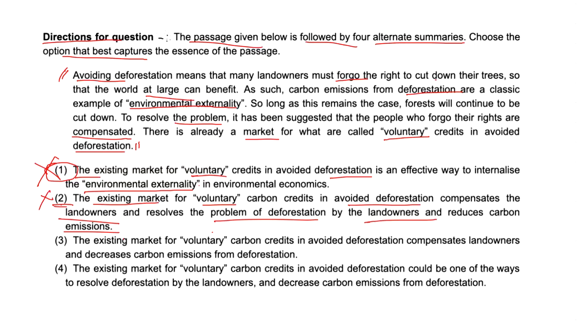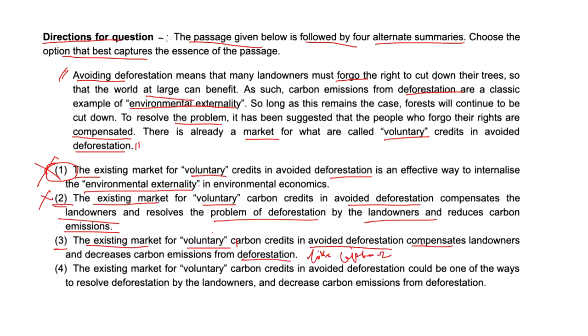Now moving to option 3, what does option 3 say? It states the existing market for voluntary carbon credits in avoided deforestation compensates landowners and decreases carbon emissions from deforestation. In this case, option 3 is like option 2. It is also overly categorical.